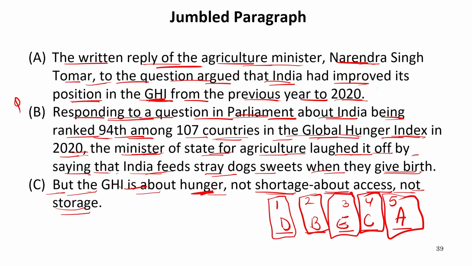Responding to a question in Parliament about India being ranked 94th among 107 countries in the Global Hunger Index in 2020, the Minister of State for Agriculture laughed it off by saying that India feeds stray dogs sweets when they give birth.